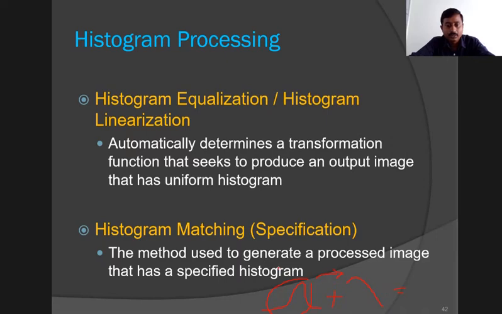We apply the histogram matching technique by providing the specified histogram, and in the output we may get an image which will have a histogram in this form, just closer to the specified histogram. So this is histogram matching. Remember, here we specify the shape of the histogram that we wish the processed image to have.